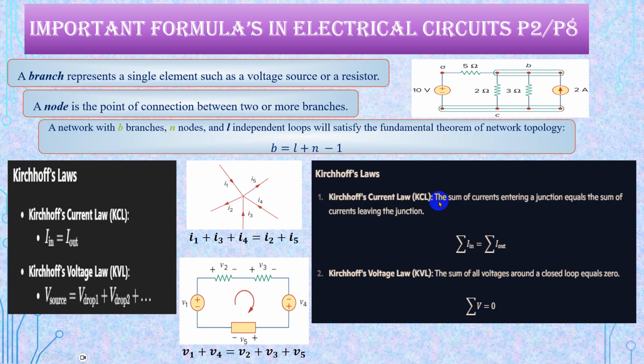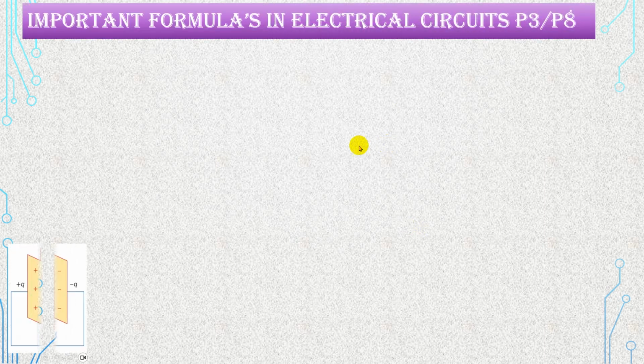Kirchhoff's current law deals with a particular node, how many branches are connected, how many currents are entering and how many are leaving. So this is about the branch, node and loop and Kirchhoff's laws. Then we go to the next slide.